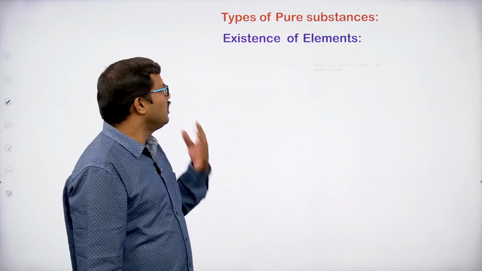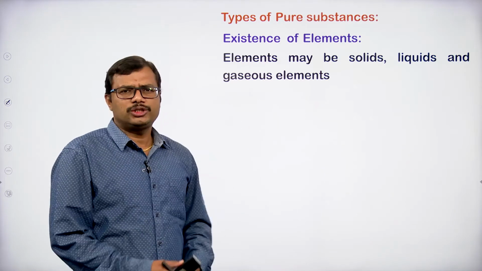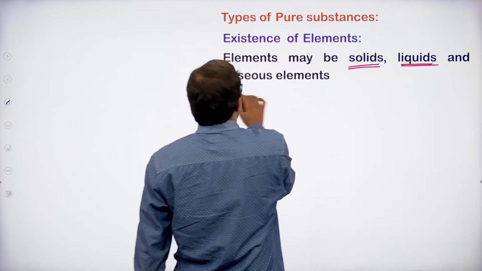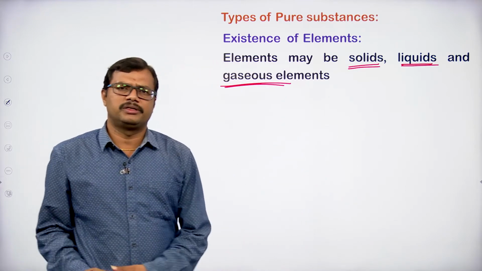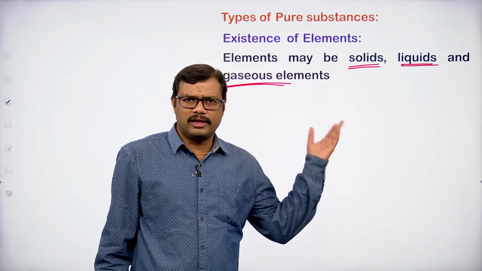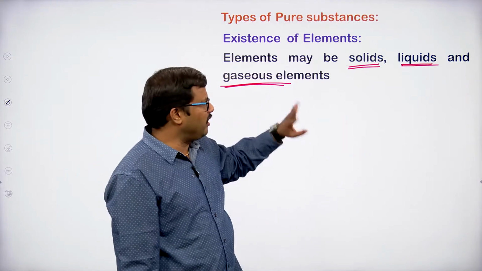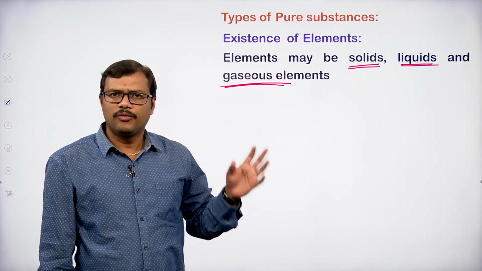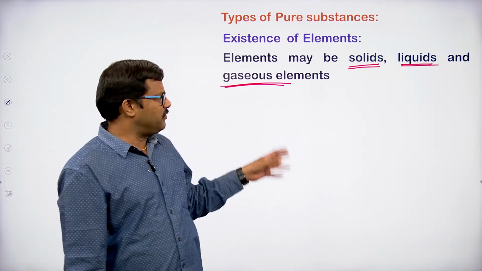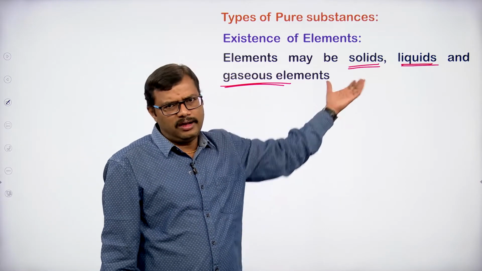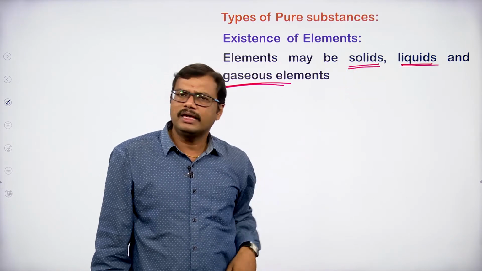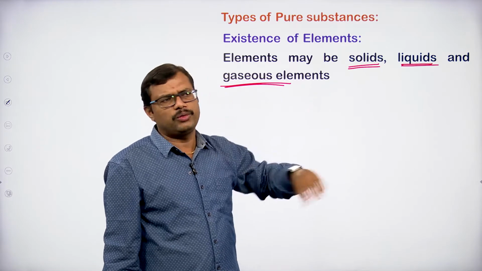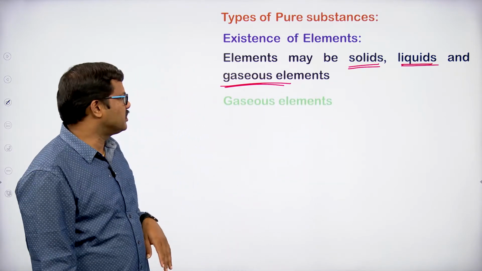The elements may be solids, liquids, or gases. As we defined the element in the beginning as a basic form of matter, and matter can be solid, liquid, or gas, automatically an element can be solid, liquid, or a gaseous substance.